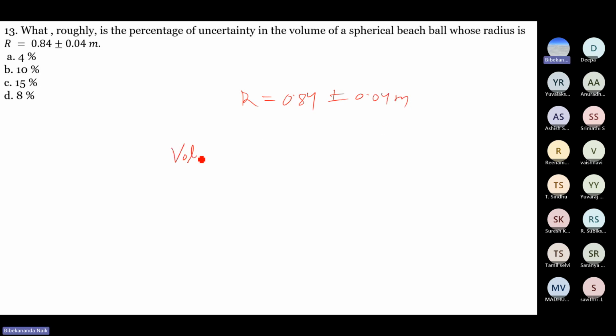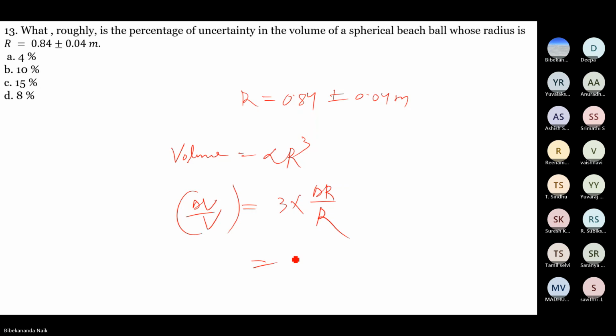We need to find the volume, which is proportional to r cubed. So delta V by V will be 3 into delta R by R. Put those values and tell me the rough answer. Since it is roughly, from the options you can choose the answer closest to a particular option. So tell me what will be the correct option for this question.